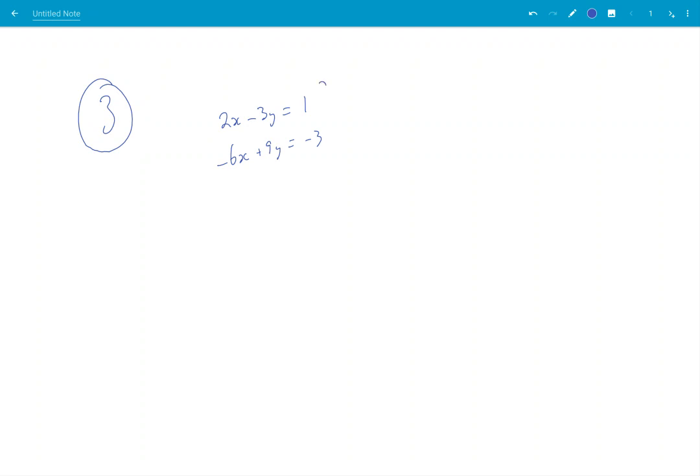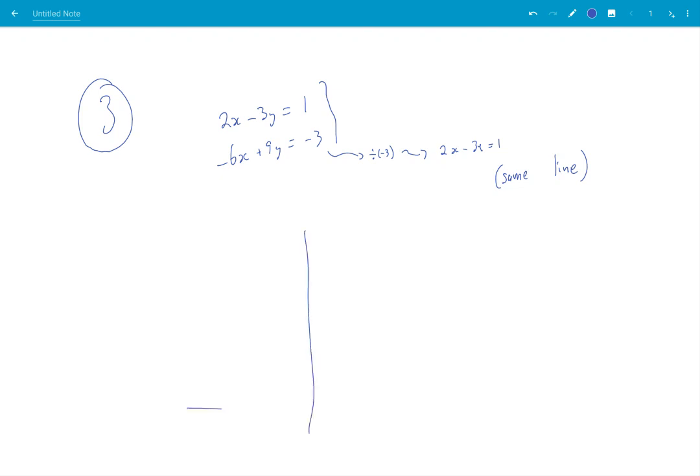So with this system, at first glance, the equations look different, but they're actually the same equation, right? If I divide by -3 there, I get 2x minus 3y is 1. So it's the same line. They're not two lines, they're just one line.